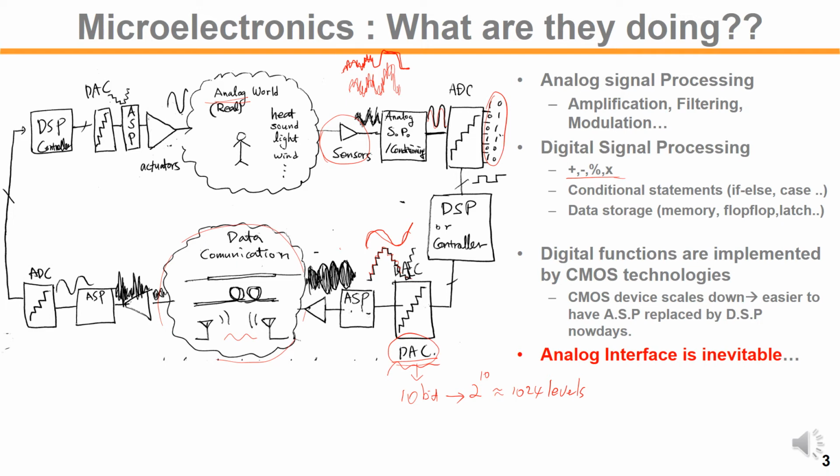To deliver that data, we may apply some modulation technique, for example in RF, throughout the air. If you want to transmit the data through the air, you cannot transmit at a very low frequency.